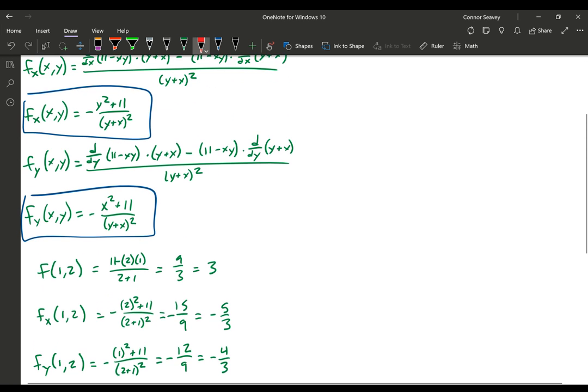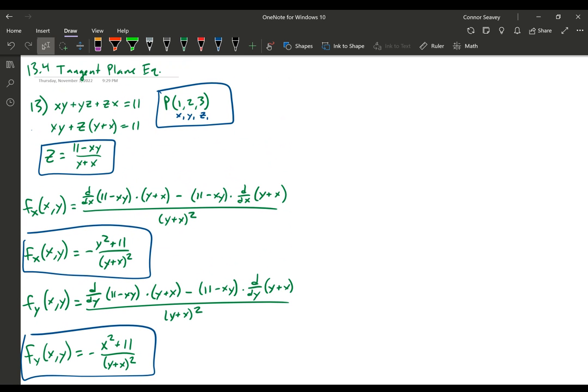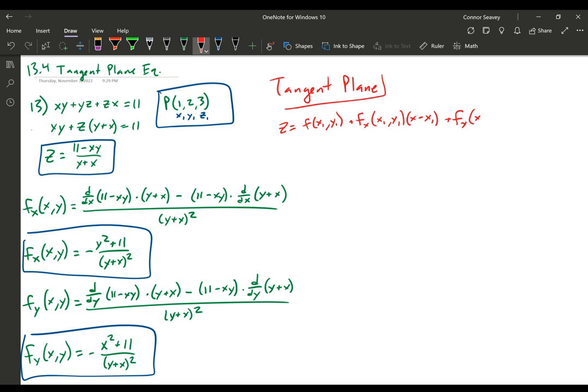So I'll go red for this one. We'll go back up to the top here. The tangent plane. So we're going to use our formula, which is z equals f of (x1, y1) plus f sub x of (x1, y1) times (x minus x1), plus f sub y of (x1, y1) times (y minus y1).